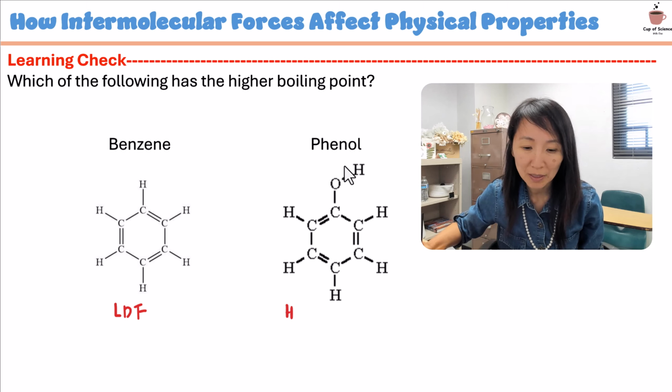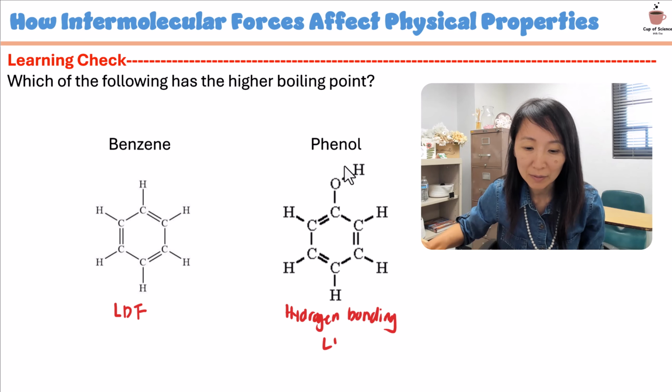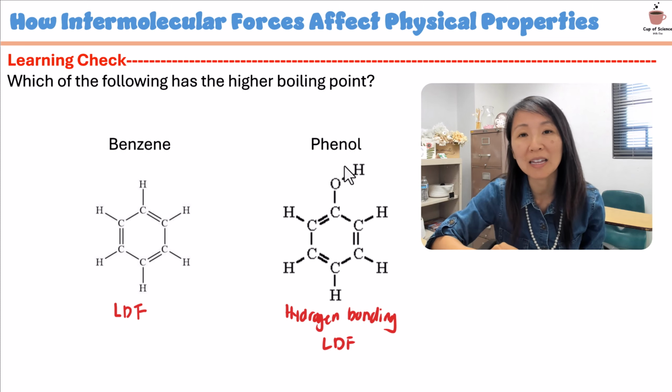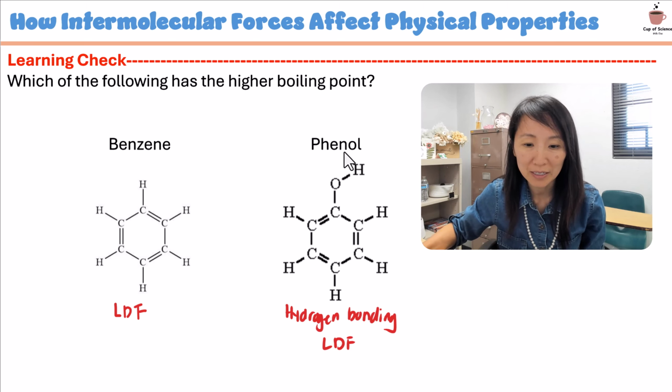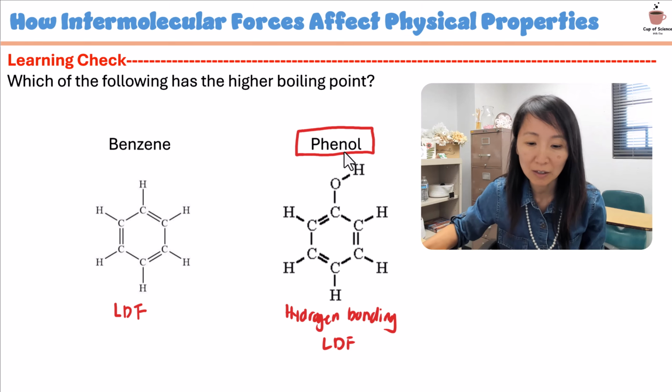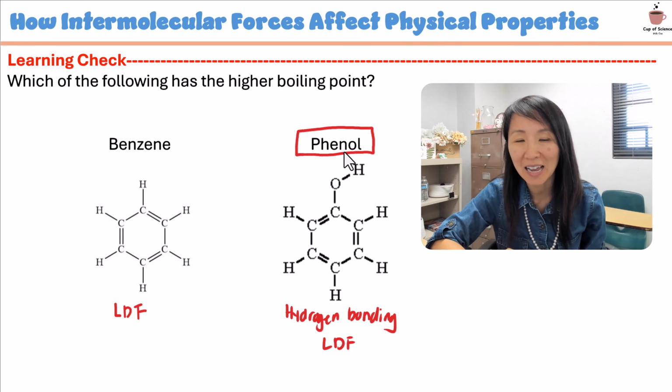So this one would be hydrogen bonding, and also every molecule can participate in London dispersion forces. Therefore, phenol will have the higher boiling point since it has the greater amount of intermolecular force and it has that hydrogen bonding.